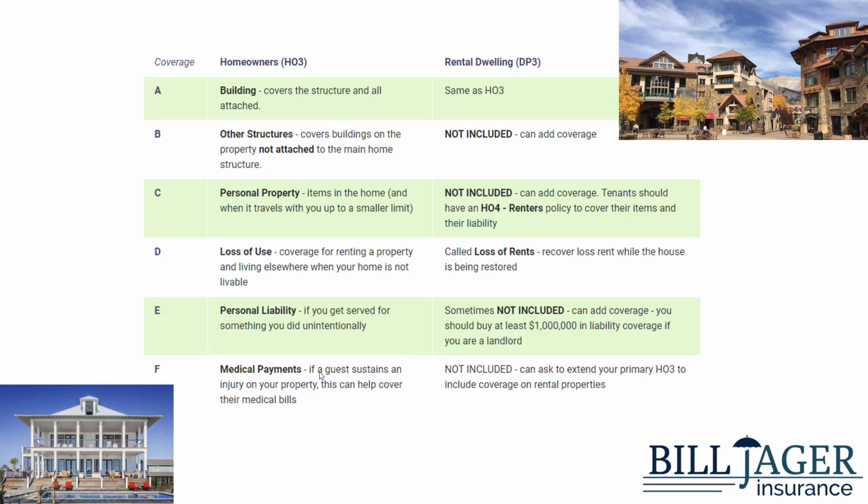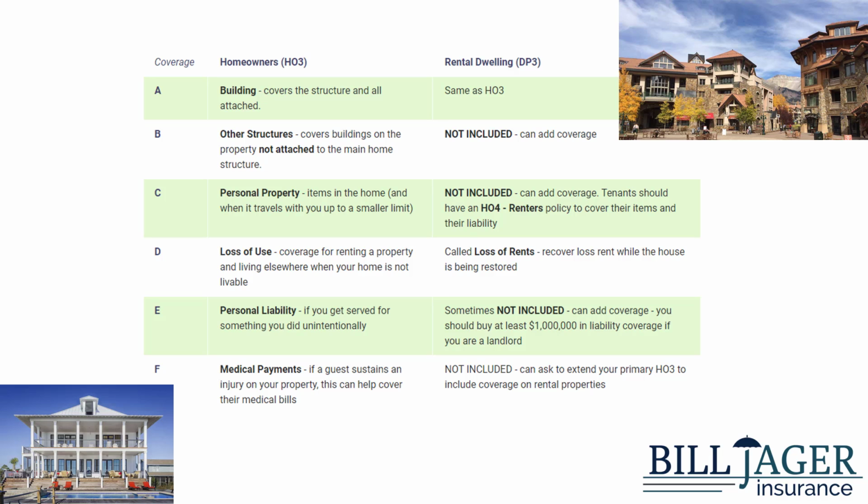And then finally, medical payments. If a guest sustains an injury on your property, this helps that person. Let's just say somebody cuts their finger working in the kitchen. You actually have coverage to help that person get back to whole, by going to the hospital or whatever they have to do.